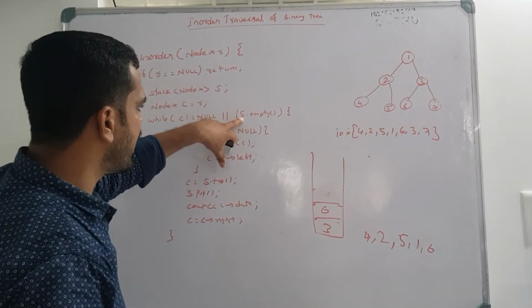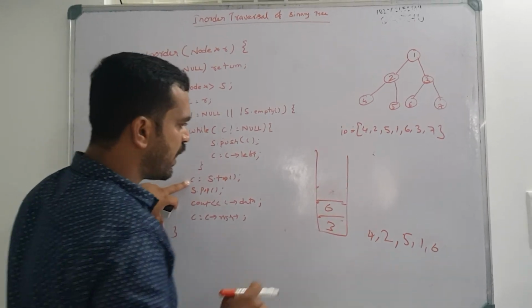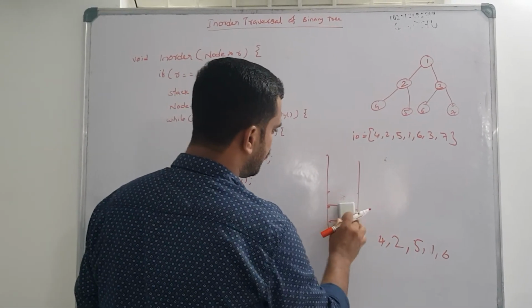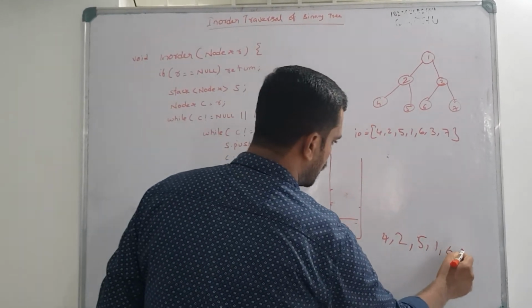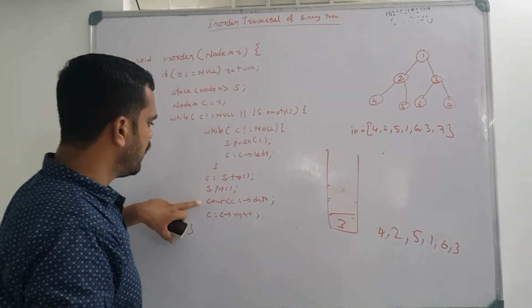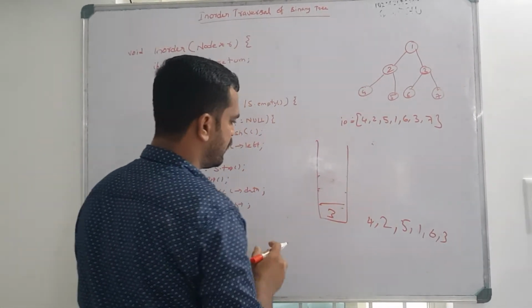S is not empty, so this will be broken, and the top of S will currently become 3. So 3 will be popped here, and 3's right will become 7.